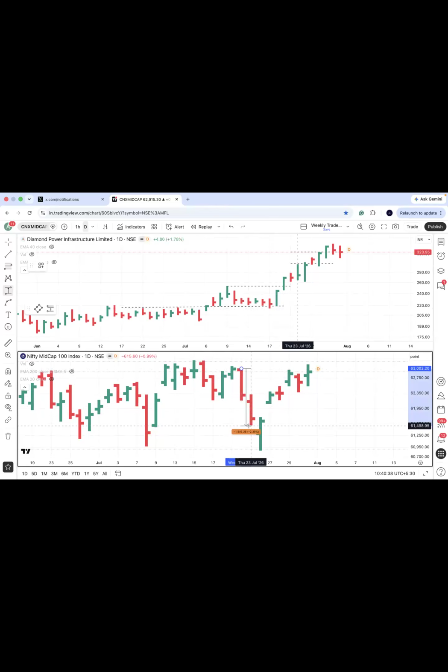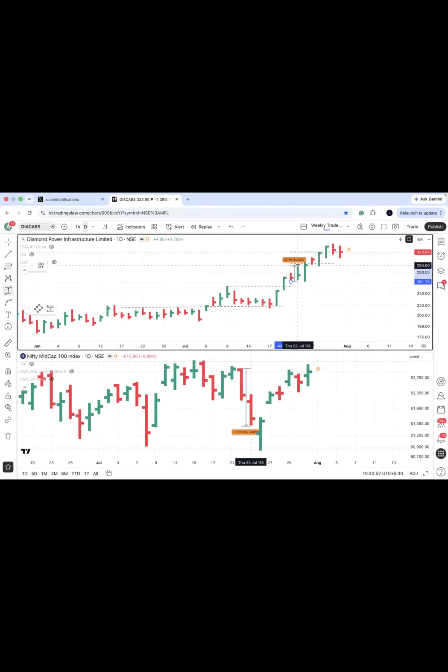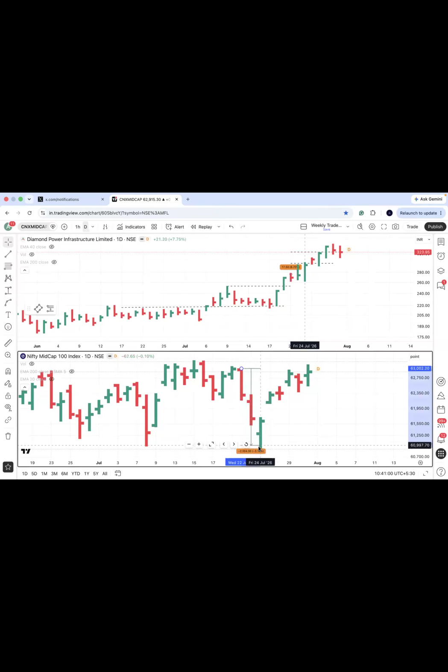The index went around 2.5% down from 22nd till 23rd July. I had Diamond Power in my watch list, and as you can see the price action from 22nd to 23rd July, even though the midcap index went 2.5% to the downside, and till 24th July the index had gone around 3.5% to the downside.